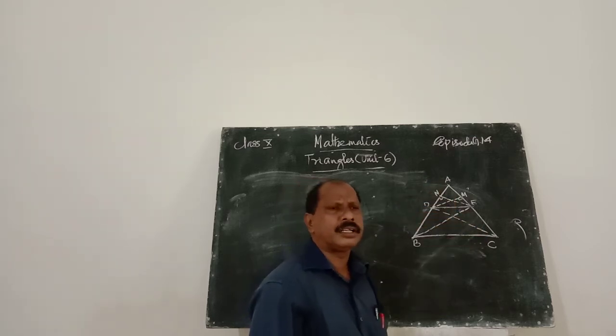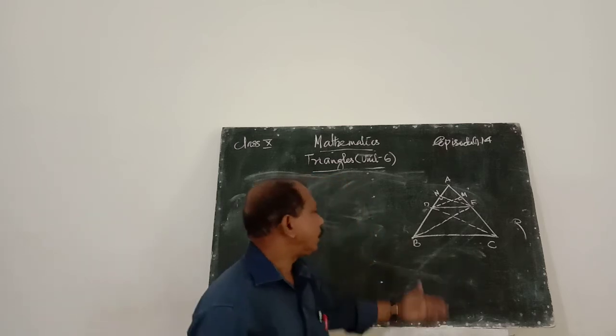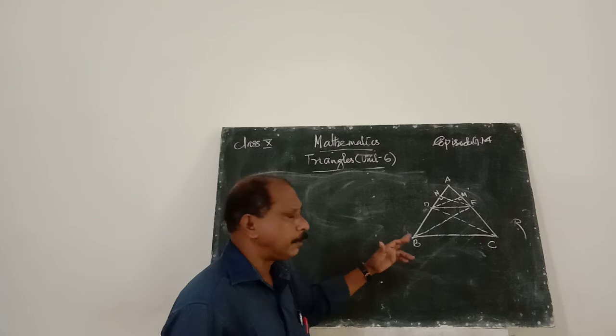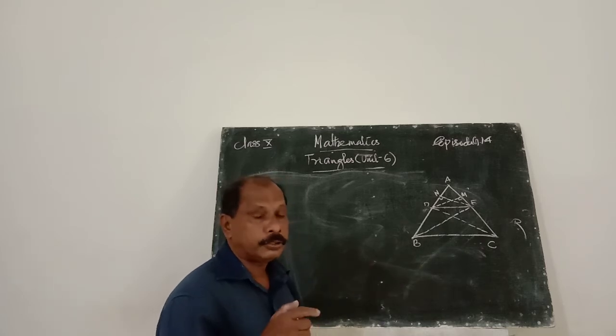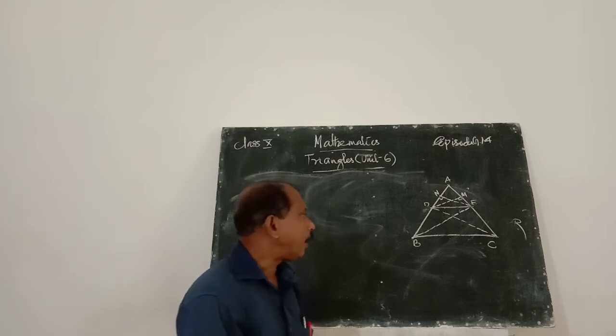Trapezium means two sides are parallel and the other two sides are non-parallel. Therefore, DECB is a trapezium. Join the opposite vertices, that is B to E and C to D.